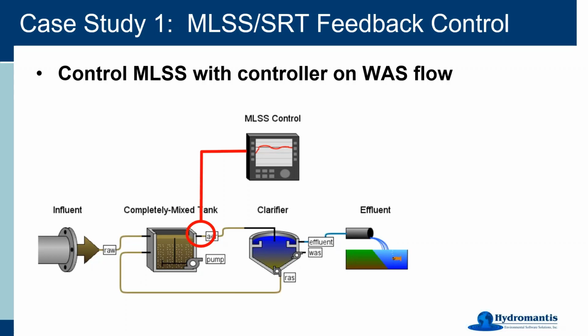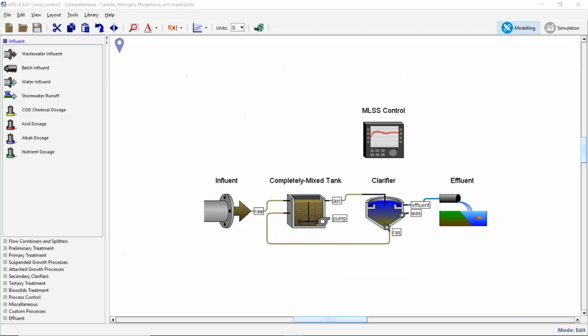So the controller gets a value for what that mixed liquor concentration is, compares it to the set point, and then makes some changes to the amount of wastage flow. It does that at a regular interval, making changes onwards, and hopefully we can meet that. So I've got that set up here.